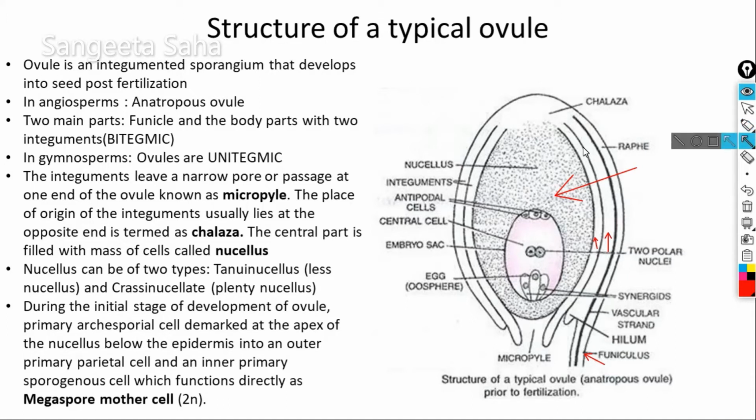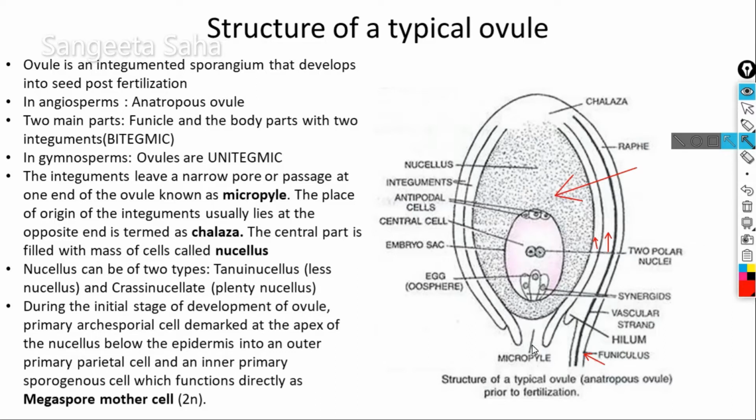Now, as I said, the central part is known as the nucellus. This nucellus can be of two types. One is the tenuinucellate, where the nucellus is less in content. Another one is the crassinucellate, where the nucellus is plenty, that means the mass of cells here is plenty.